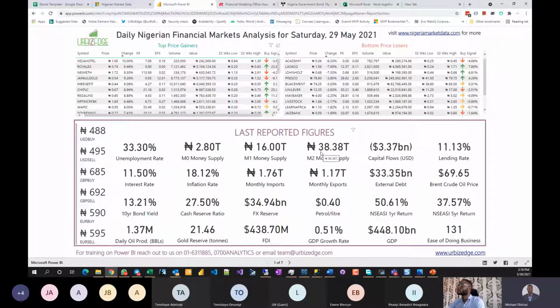For me, I just keep watch of the movement. Then capital flow. We are not surprised that there's capital outflow. People want to take their money out in dollars out of Nigeria because everybody thinks things will get worse as regards naira to dollar. I hear people are saying they just want to wait out this current government before they bring back capital inflow.